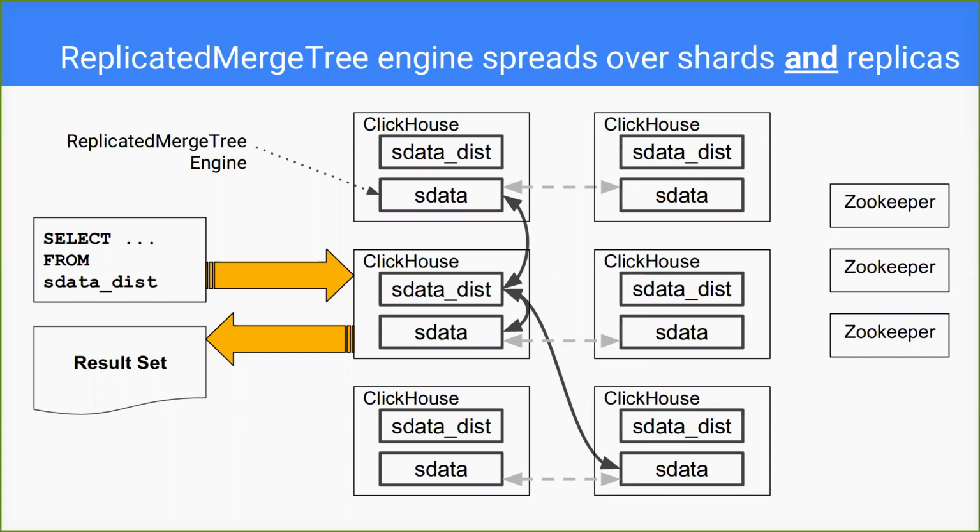This allows the local tables underneath the distributed table to have multiple copies. It uses Zookeeper in the background to do the accounting of where the replicas are, who has received data, and what needs to be propagated to other replicas. The distributed table is then smart enough to know that not only do we have shards, but there are multiple copies of each shard, and we can just pick one for the query.